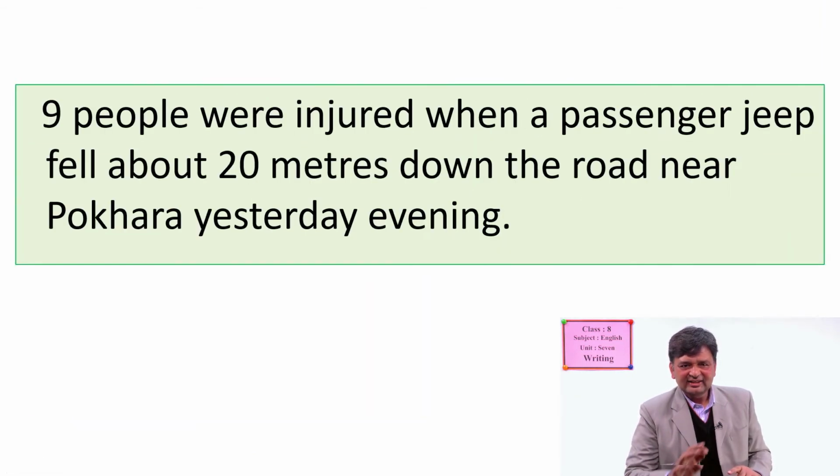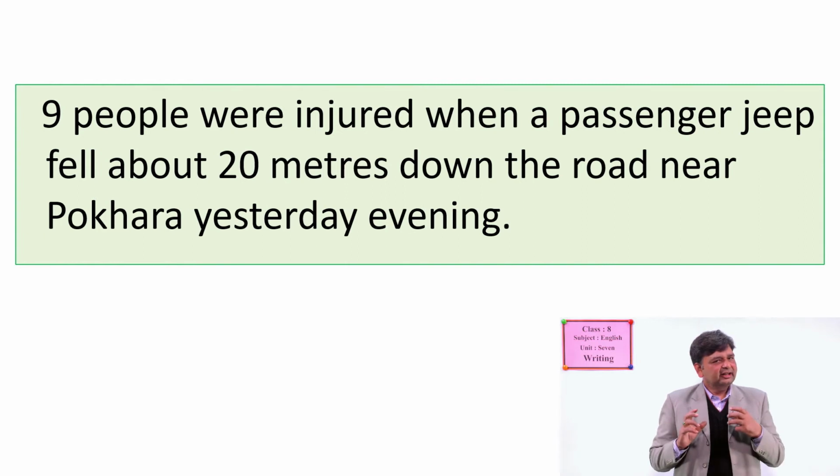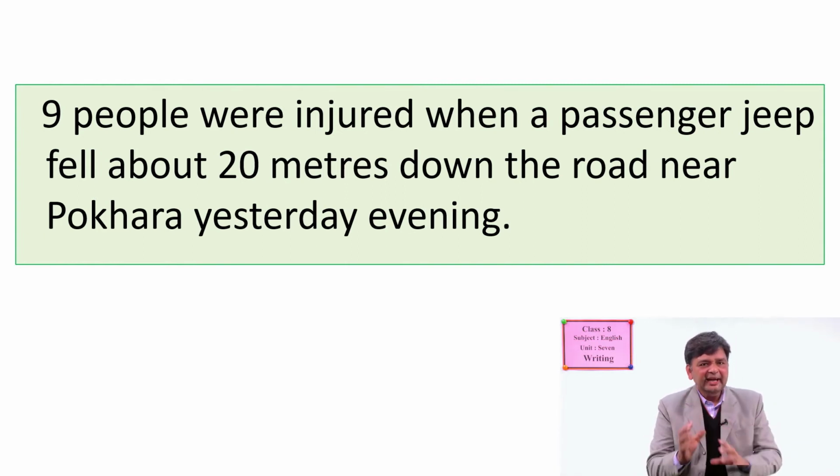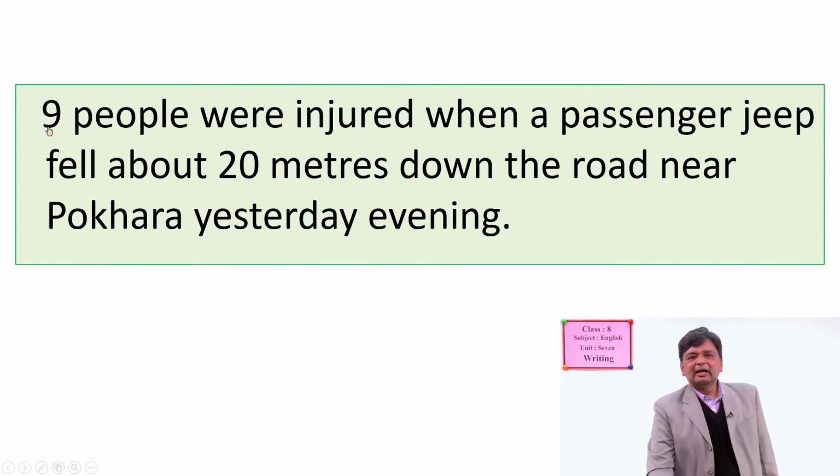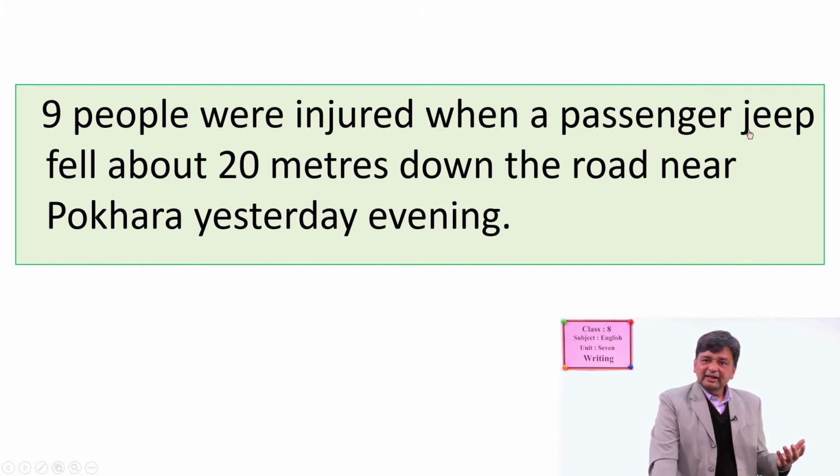So this is a lead, right? And the purpose of writing a lead is to give the main information in a news story, right? So we have written that 9 people were injured very first because this is the main event, something that strikes us, right? That gives us a very sad feeling. And then they were injured, and why?